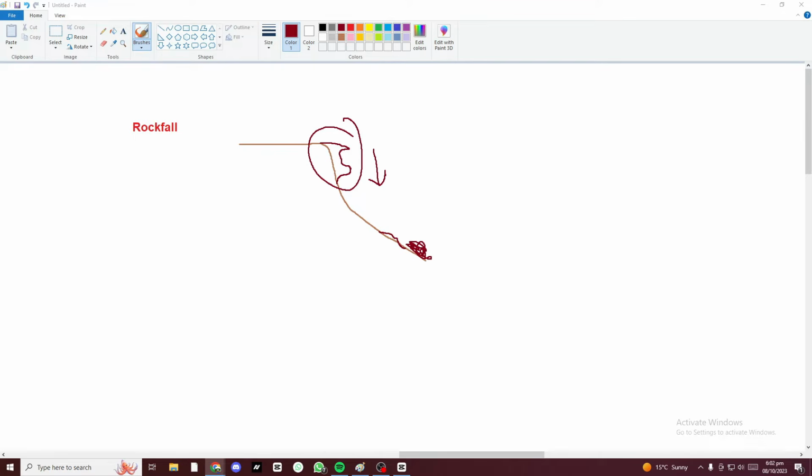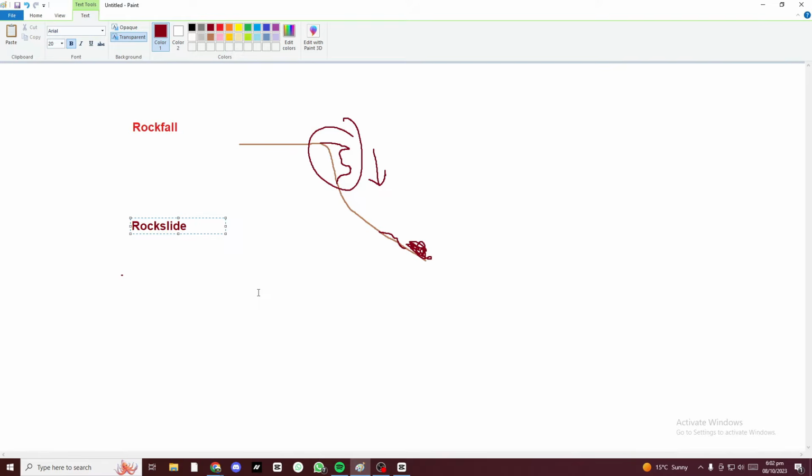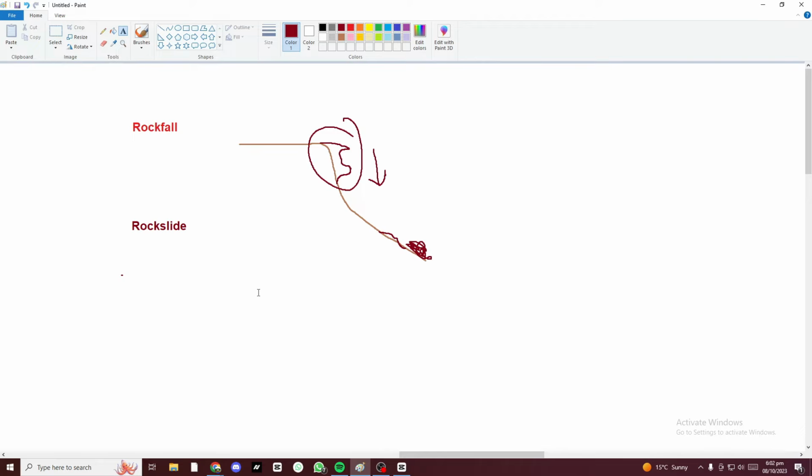Okay, next we have a rock slide. A rock slide involves the rapid downslope movement of a mass of bedrock along a well-defined sliding plane. This type of mass movement can be triggered by heavy rainfall, earthquakes, or volcanic eruptions.